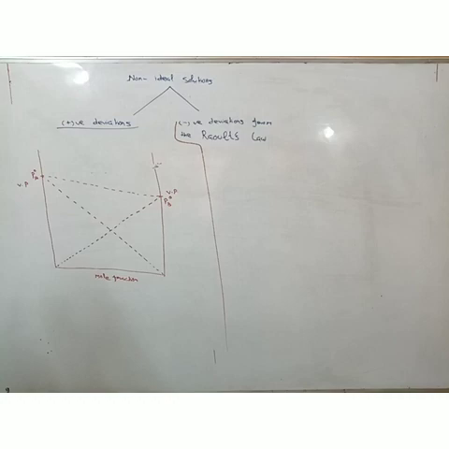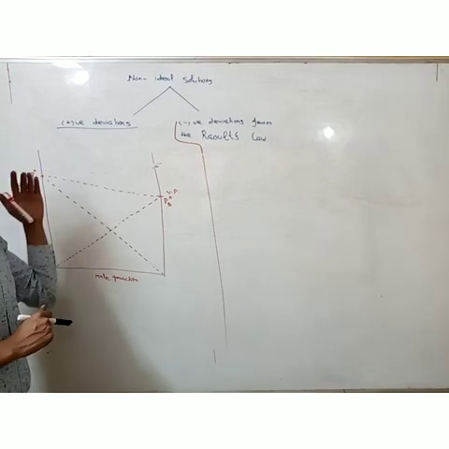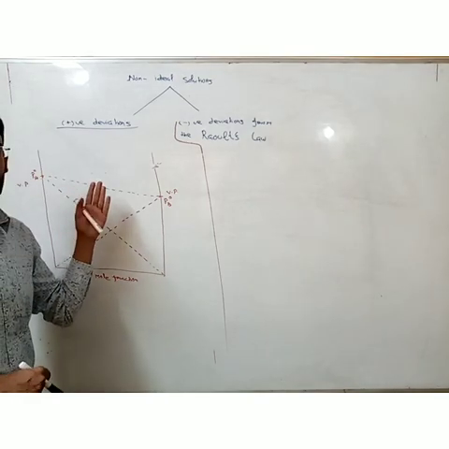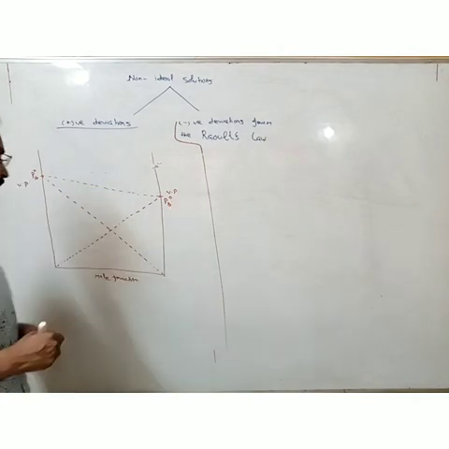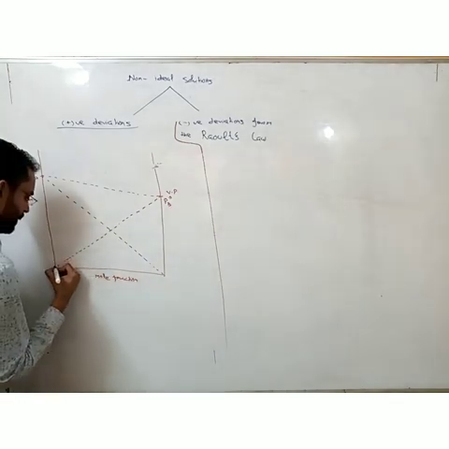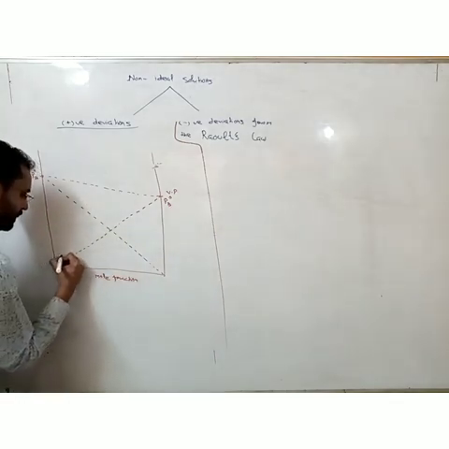But for a solution which shows positive deviations, the vapor pressure becomes more than expected from Raoult's law because of decreased interactions, so we get a curve like this.